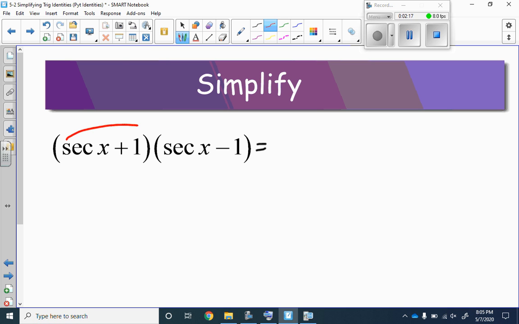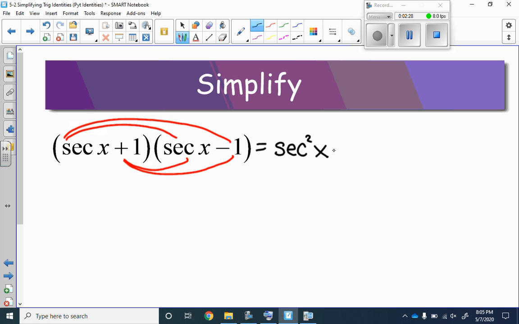So we take secant times secant x, secant times negative 1, 1 times secant, and 1 times negative 1. We get secant squared x minus secant x plus secant x minus 1. The negative secant x and secant x cancel each other out, and now I'm left with secant squared x minus 1.